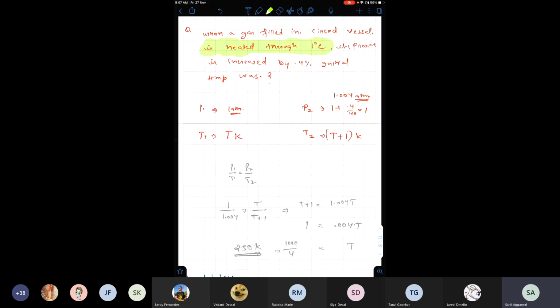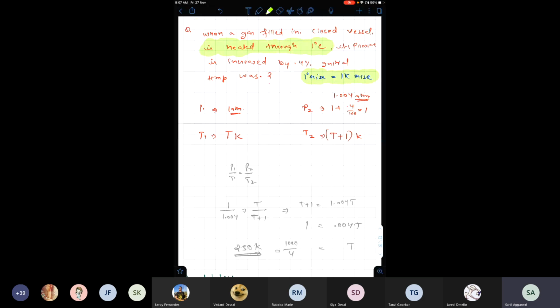You should know that. I got this question as a doubt from 2 or 3 students, so I'm explaining it again. 1 degree rise is equal to 1 Kelvin rise.